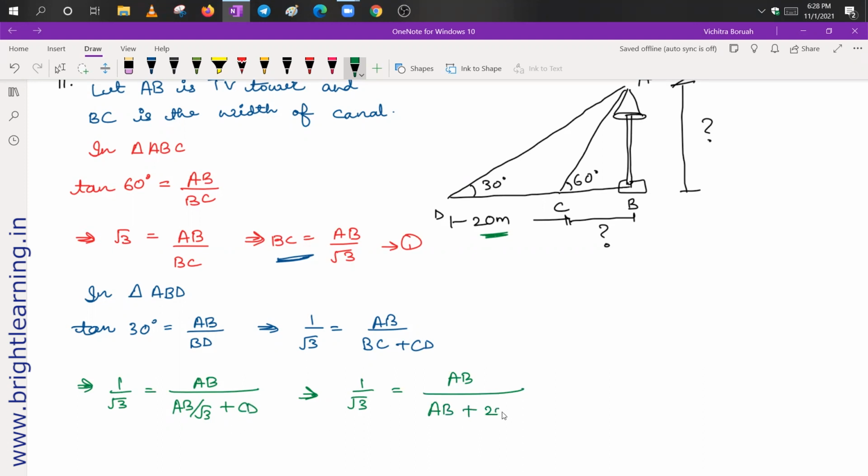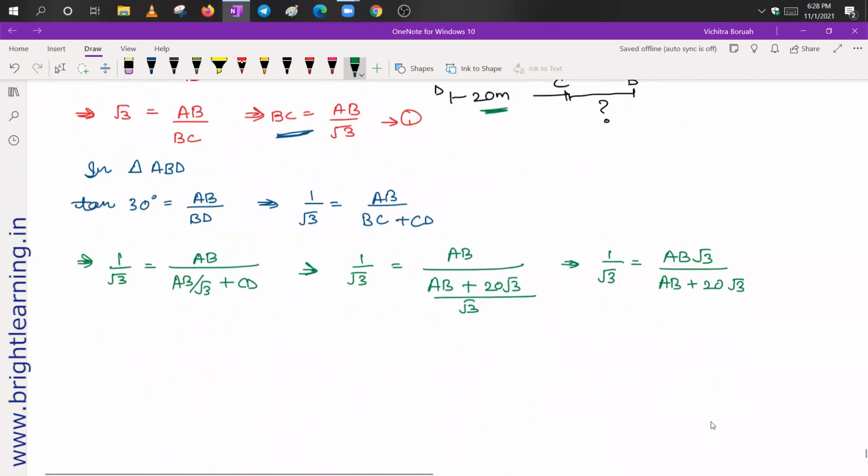So here you will get 20 √3 whole divided by √3 here. Next, this √3 goes on the numerator part. So you will get 1 upon √3 is equal to AB √3 upon AB plus 20 √3.